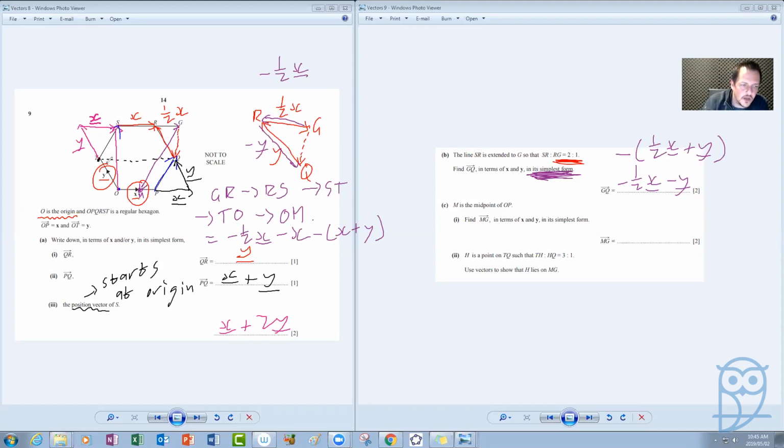Then we're going to TO, that is Y, but in the other direction, minus Y. And then from here to there, that is a half of X. Please note, it's the only one that is a positive over here. Very important. The reason it is a positive is because from O to M, that is in the direction that X, the vector X, was given in.